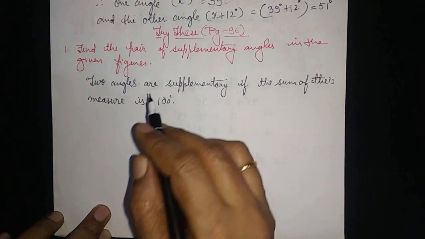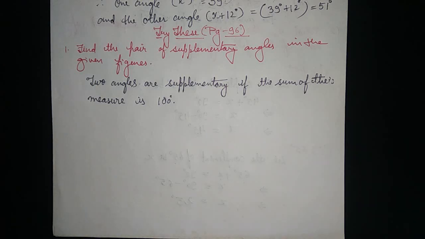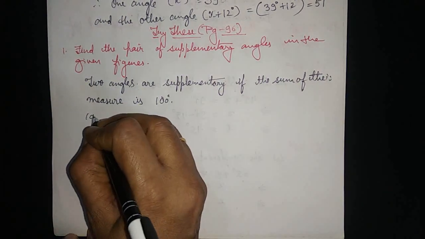Okay, here the first pair of angles is 110 degree and 50 degree. Okay, so we solve A part first.